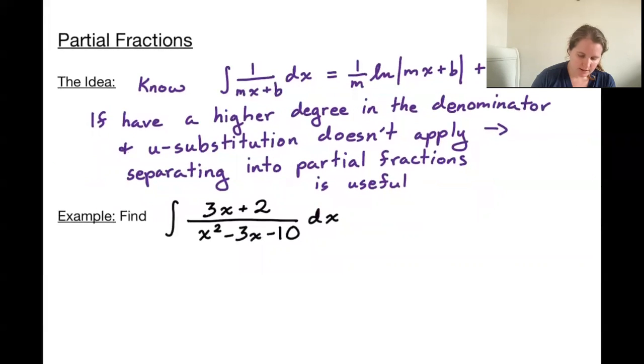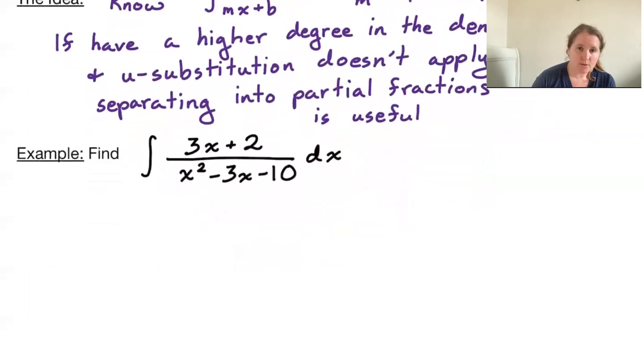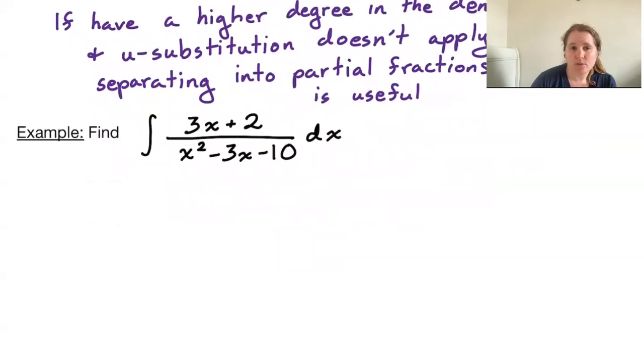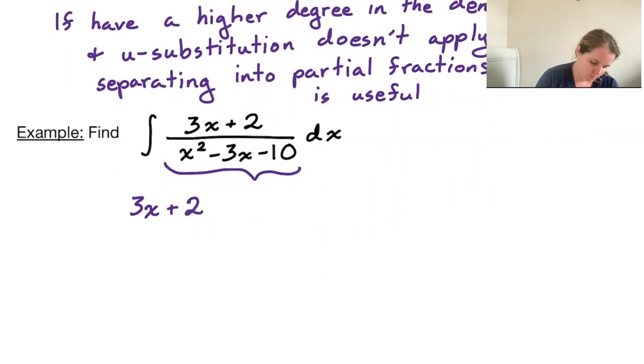So if we wanted to take the integral of 3x plus 2 over x squared minus 3x minus 10, we're first going to just focus on the fraction inside. So 3x plus 2 over x squared minus 3x minus 10.